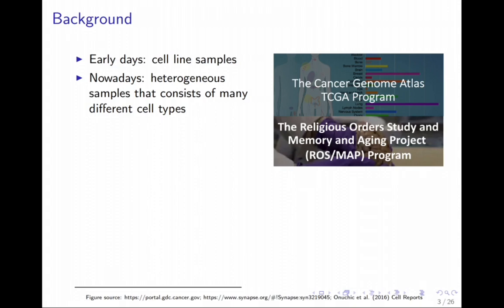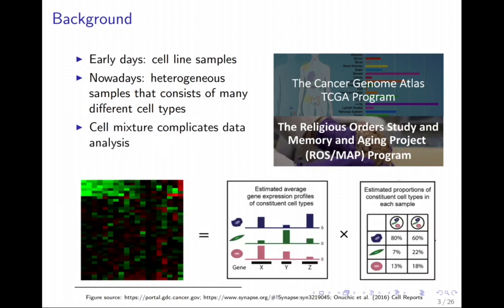All those different cell types have their distinct high-throughput profiles, and they correlate with human disease in different ways. So the cell mixture complicates the data analysis in high-throughput data experiments.